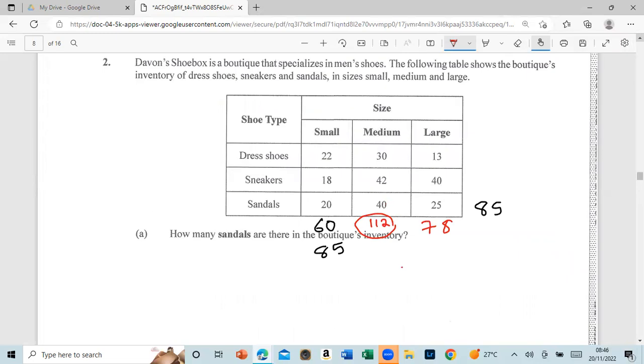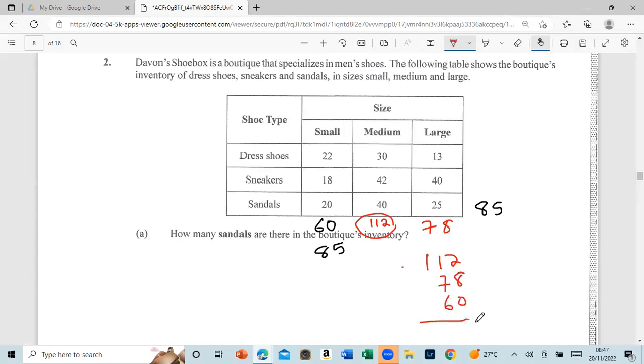We need to know the total of all the shoes though. So it's 112 plus 78 plus 60. That will give us the total. So in all, it's 250.